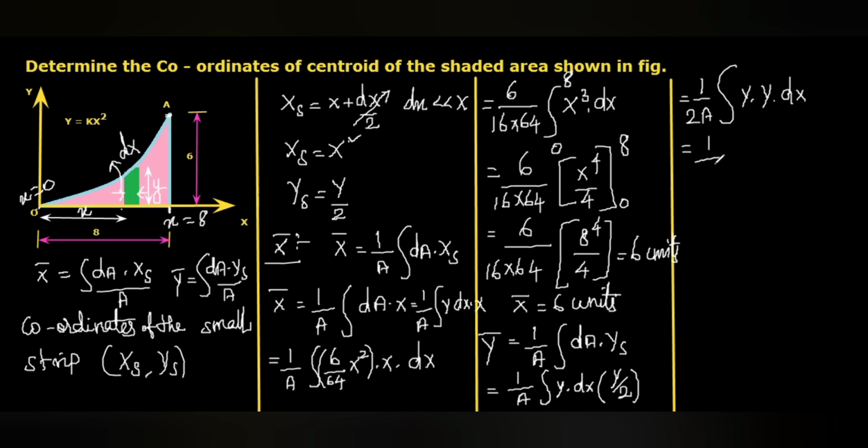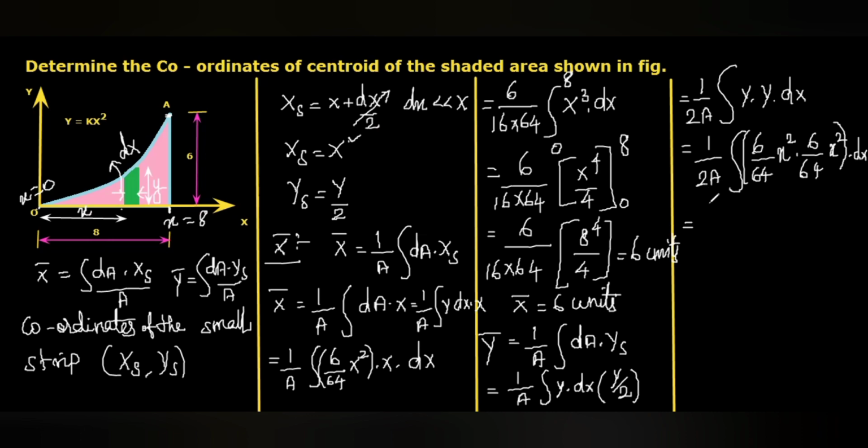So this equal 1 by 2A integral of 6 by 64 x square dot 6 by 64 x square multiplied with dx. So the 6 by 64, 6 by 64, I'm going to take outside, and then area, that is 16 square units, substitute all the values.